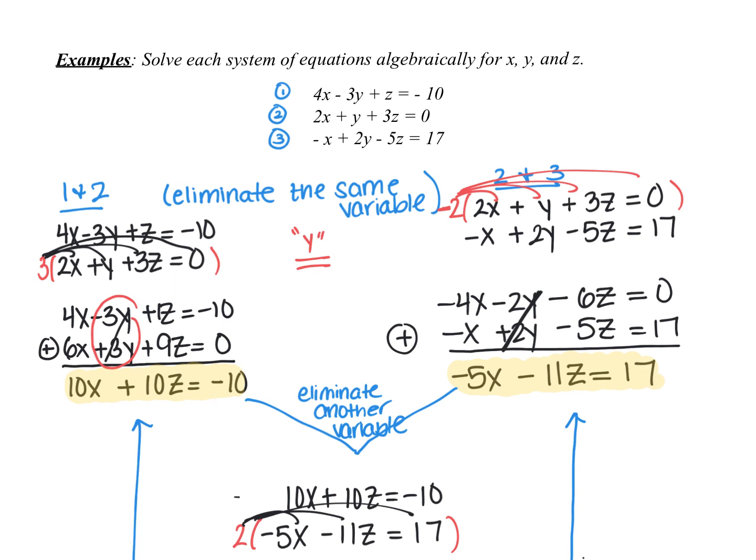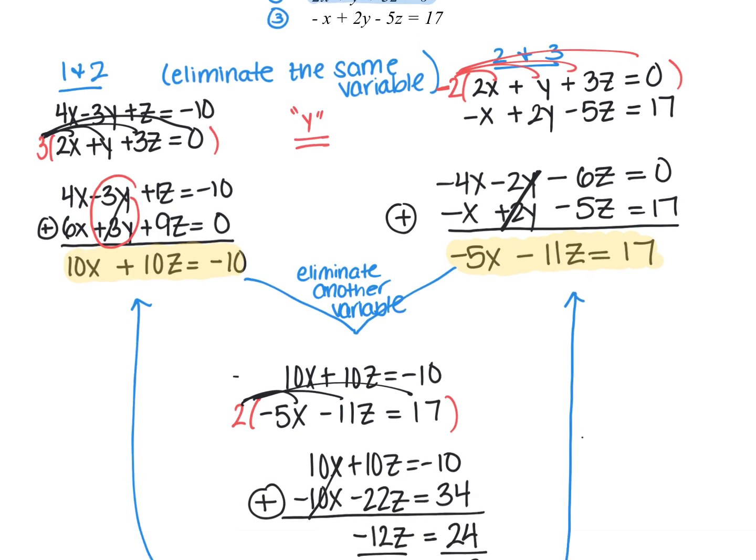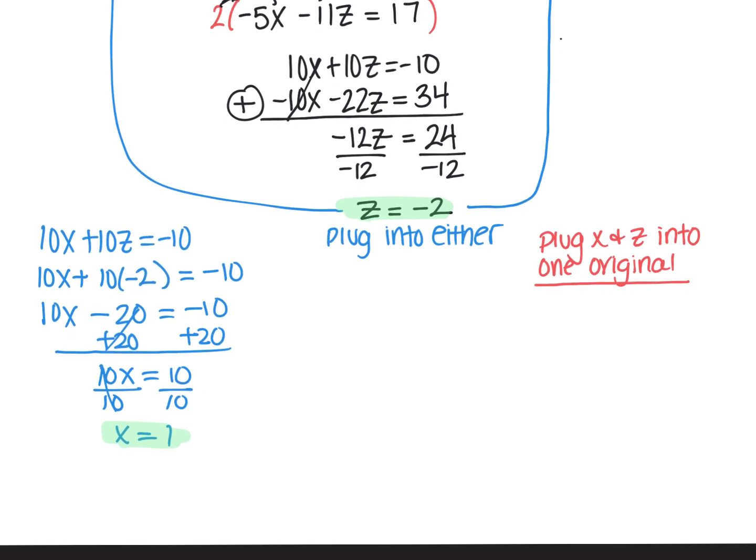Really, none of them are, so it doesn't matter too much. I'm going to choose to plug into the second equation. You can pick whichever. So 2x plus y plus 3z equals 0.